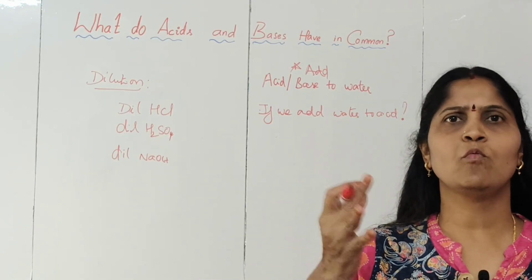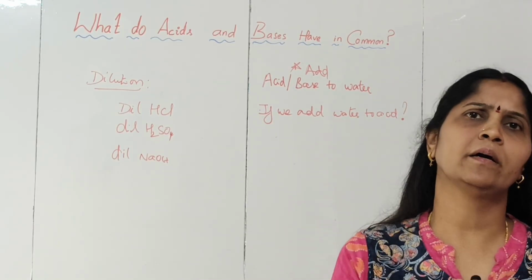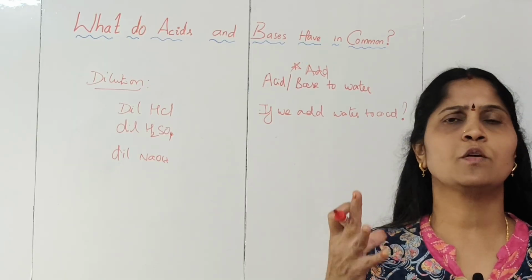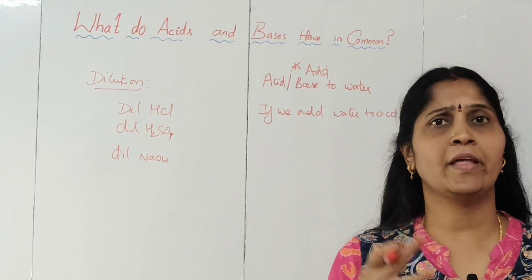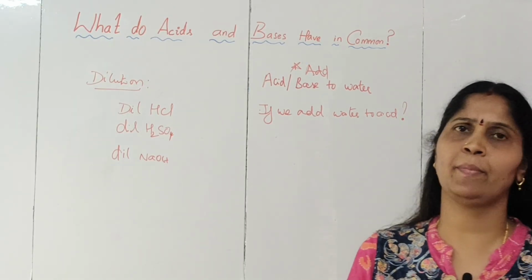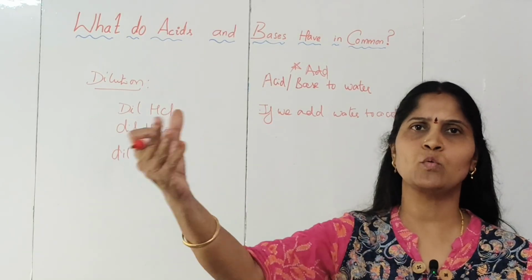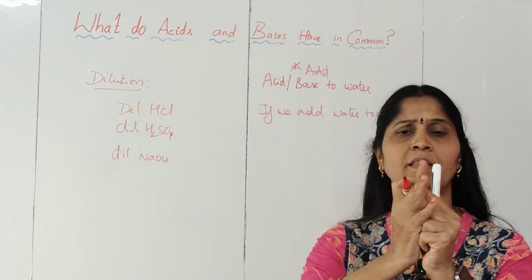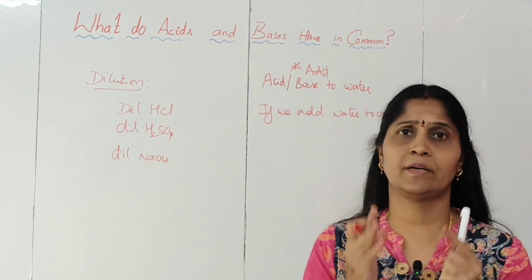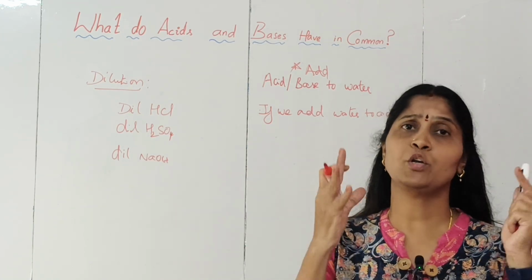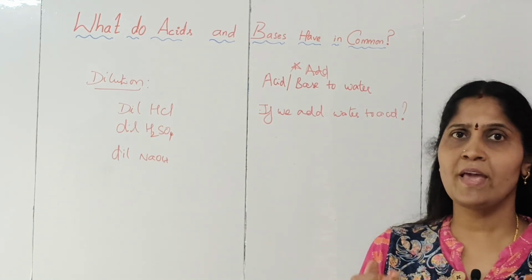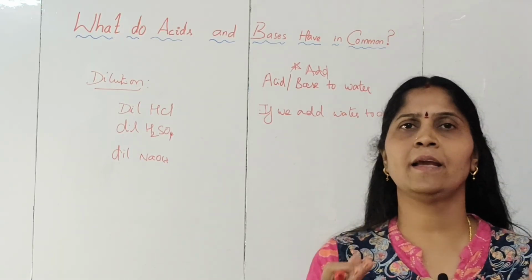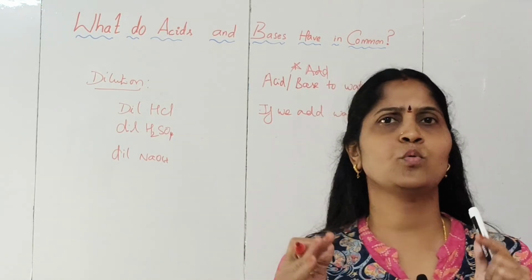So if you are adding water to acid in a beaker, because of the high heat that is generated, the exothermic reaction that happens, the solution may bump out and burn your skin, or sometimes even the glass tumblers may burst due to excess heat. So always take care while adding acid to water.